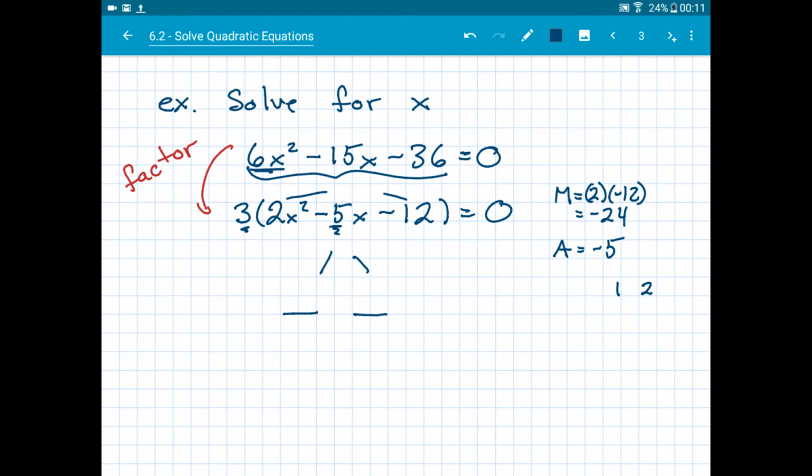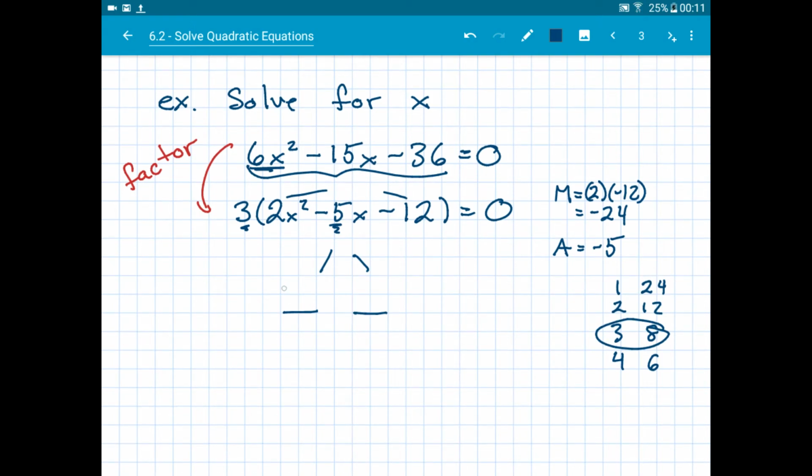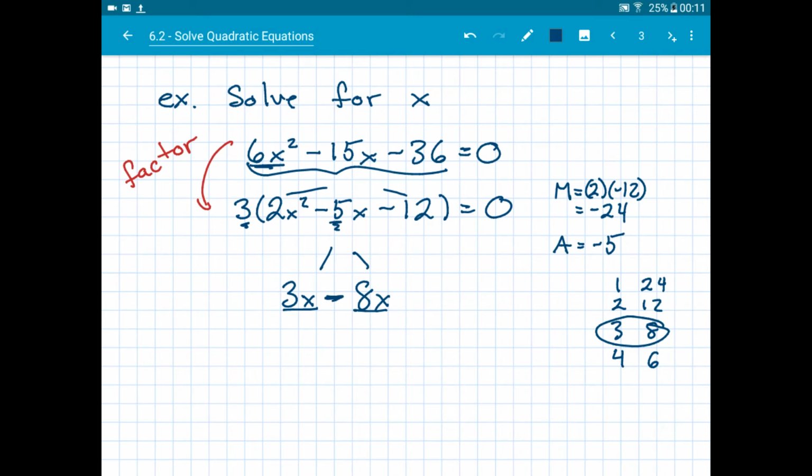So 1 and 24, 2 and 12, 3 and 8, and 6 and 4. And I know I have to deal with the positives and negatives, but you can tell that the only ones that could add together to give you 5 are these two. So I'm just going to write those down. So 3x and 8x. And I know I want minus 5. So I'm going to have to subtract 8 from 3 to get minus 5. I still have the 12, I still have the 2x squared, and I still have that 3 in front.